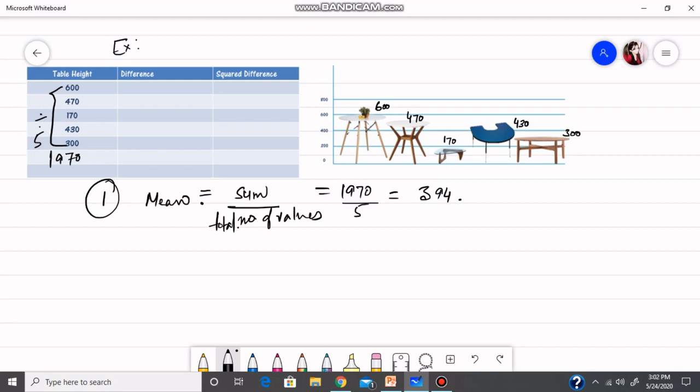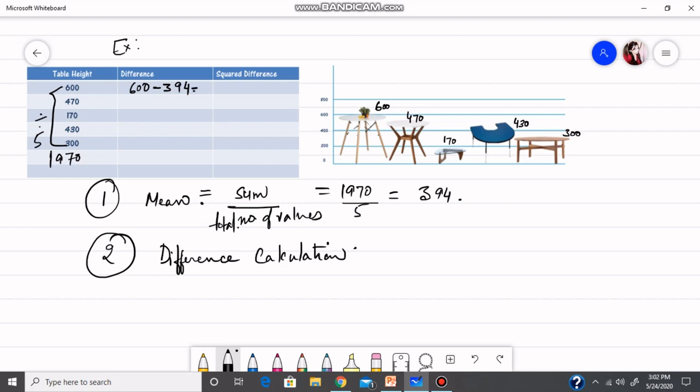Now the second step is that I need to calculate the difference. You need to calculate the difference between the number and the mean value. So you'll subtract the mean from each number, and you'll get some value here.